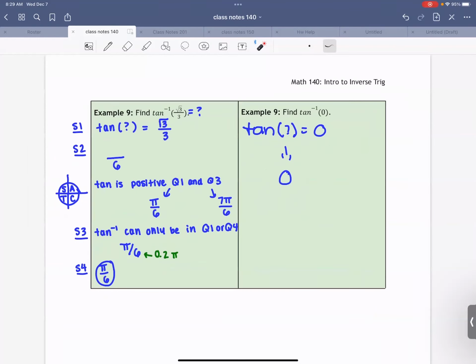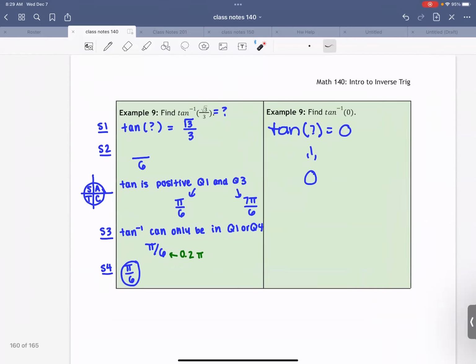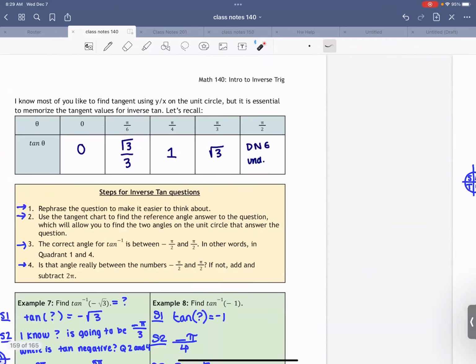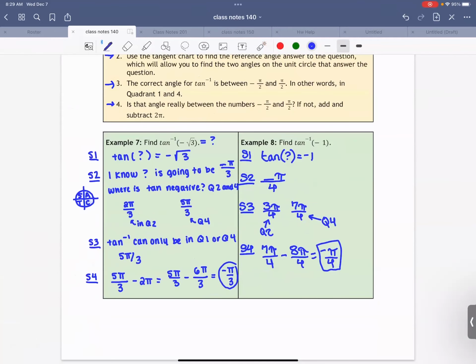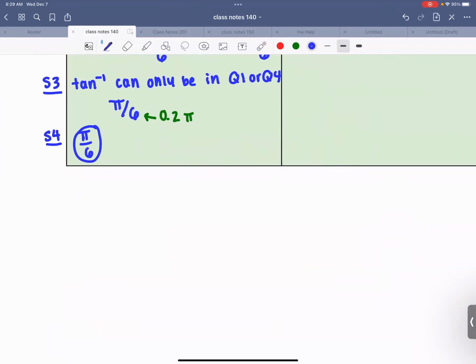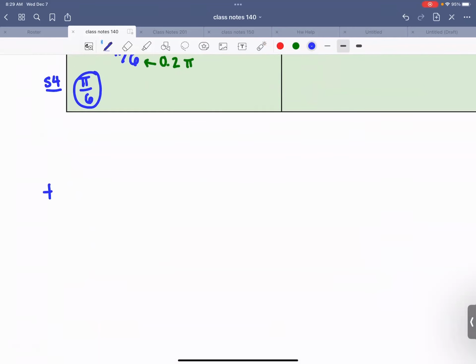All right, before we finish this up, I do want to talk about a little shortcut of what we can do here. So let's piece together all the information that we found so far. In example 7, we found that the inverse tan of negative square root of 3 was negative pi over 3.